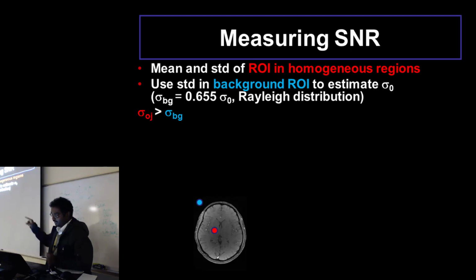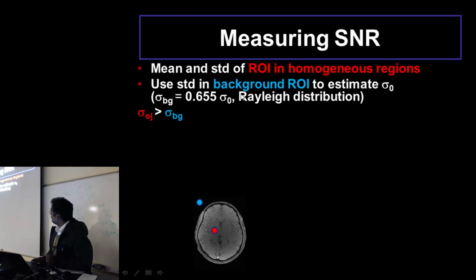But the Rayleigh distribution in the background, where there is no signal, has a standard deviation related to the standard deviation of the Gaussian noise in the signal region by this expression. So basically the noise in the object is actually higher than the noise in the background.